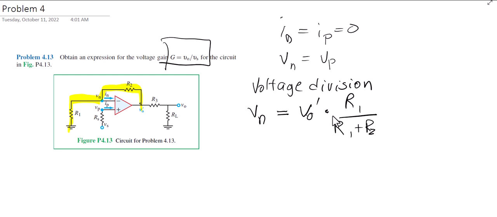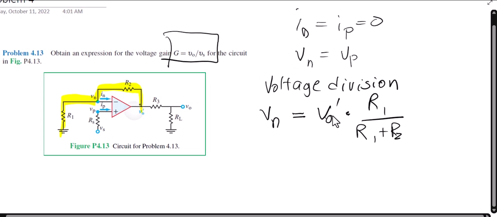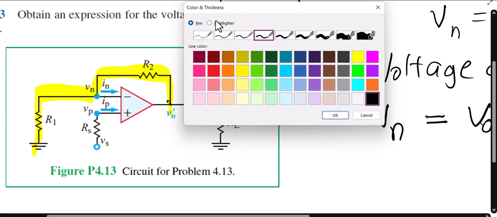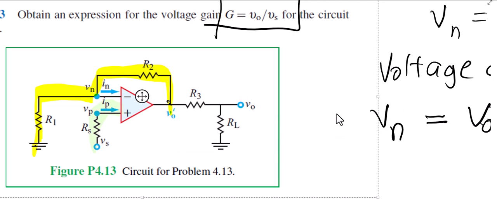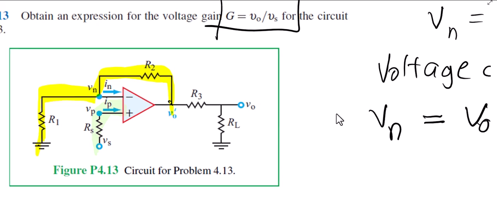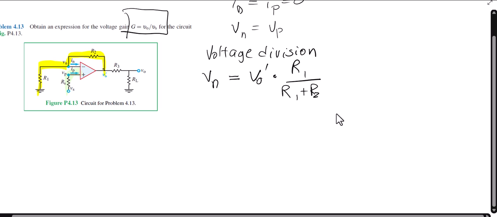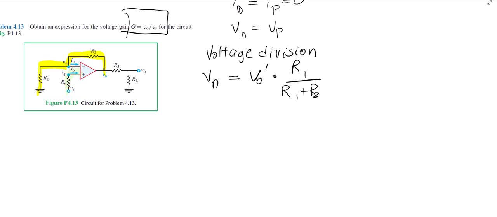Now, looking at this part of the circuit right here, and knowing that IP is 0, what does VP have to be?